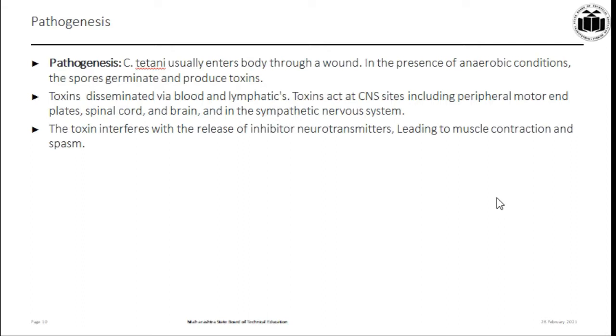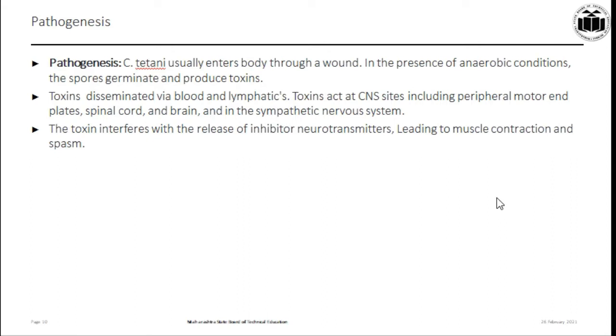This toxin mostly interferes with the neurotransmitter, which is the most important part of muscle movement, that is, the activity of contraction and relaxation.